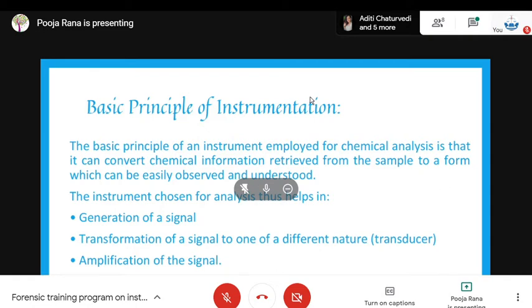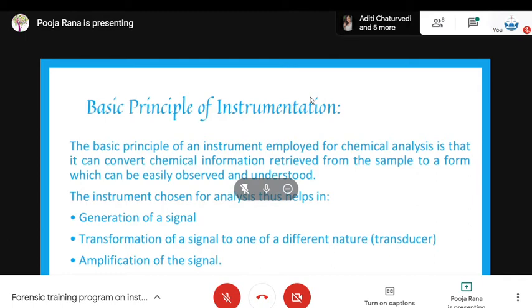Therefore that becomes a destructive method of analysis. There are certainly non-destructive methods also, for example IR spectrometry, or else microscopy. All right, so these are the things which are there. Now there is the classification of instrumental techniques.